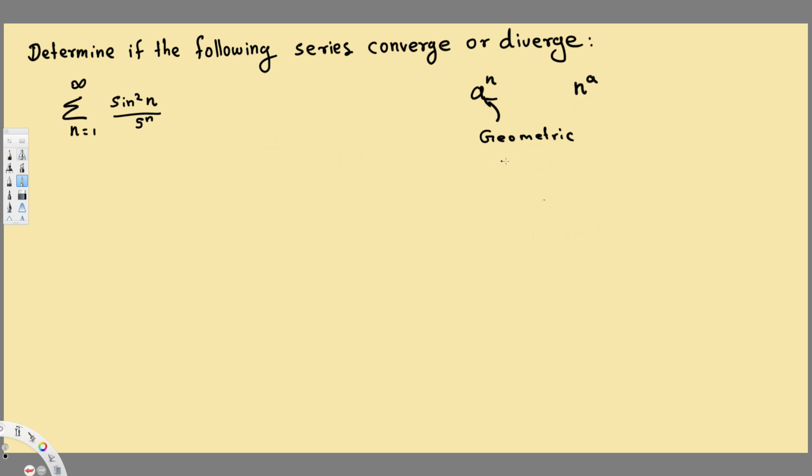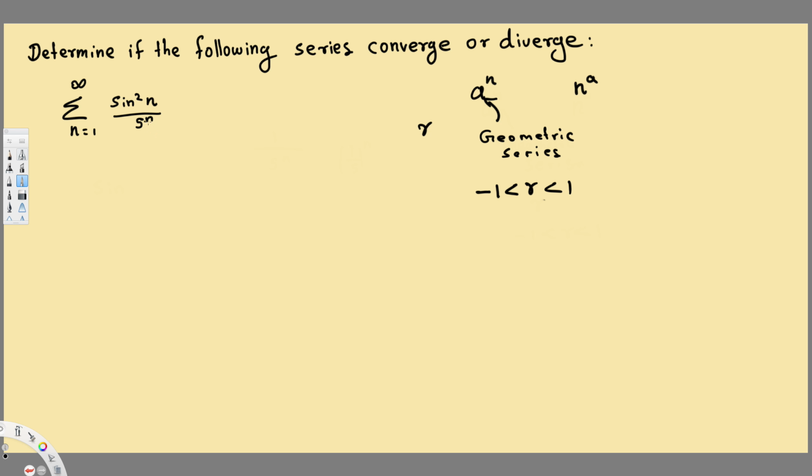For a geometric series, if the r value is between -1 and 1, it converges. If it's greater than 1, it diverges.